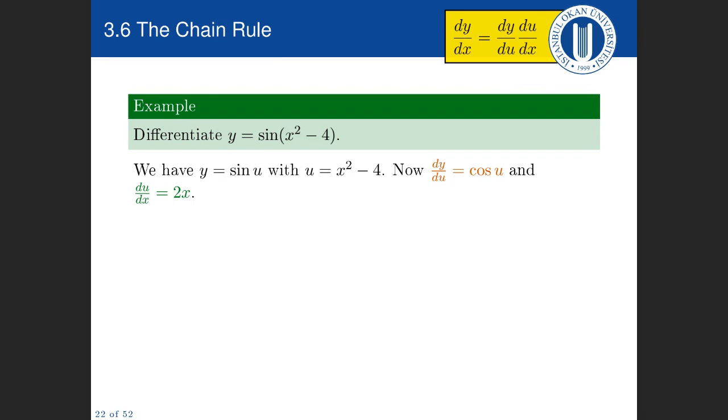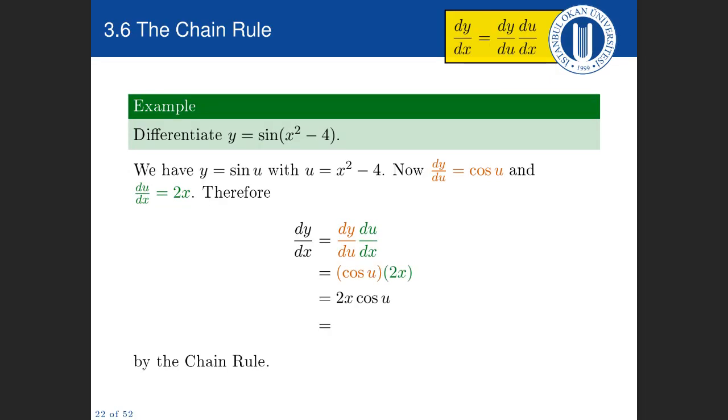The chain rule says we multiply these two functions together. dy dx is dy du times du dx. So that's cos u multiplied by 2x, or 2x cos u. We're not finished. We don't want to have a u in our final answer. The question was about y and x.